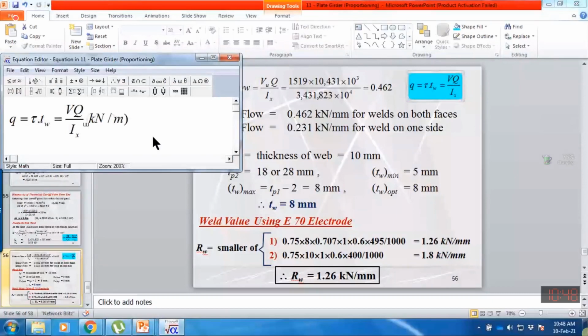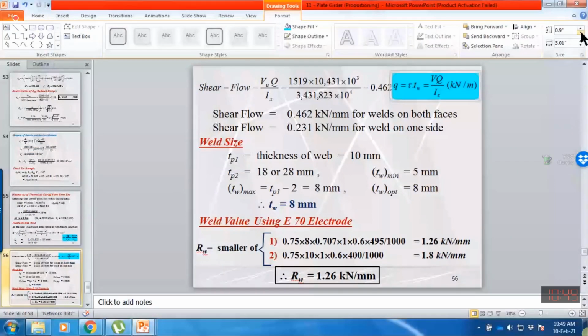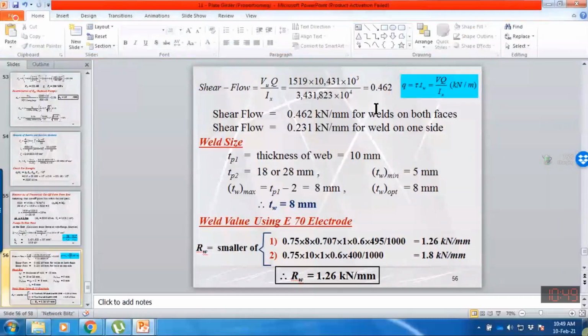Actually, for thin walled sections like steel structures, where the thickness of the element is very small, instead of representing the stress, we represent it as a force acting per unit length. And we assume that the stress is uniformly distributed along the thickness. Why are we determining shear flow in kilonewton per meter?